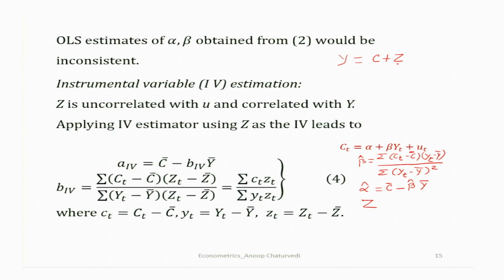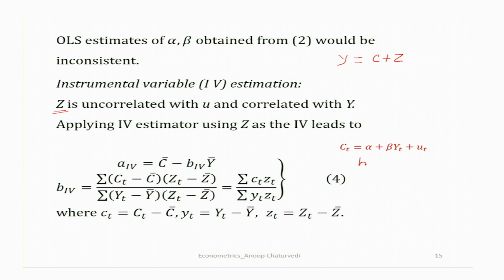So, z and y are correlated. So, you can use this variable as an instrumental variable. So, now we apply instrumental variable estimator using z as the instrumental variable. Then you obtain, instead of y t, now you are using z as your instrumental variable.